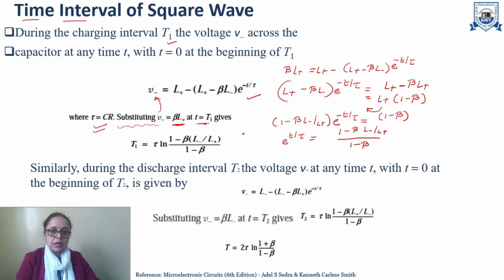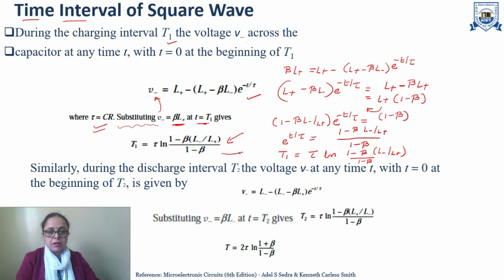And to get this equation, we will take the natural log, that is ln. So, if we take the natural log, we will get the equation of T1 as tau ln of 1 minus beta L minus divided by L plus, and that is divided by 1 minus beta.